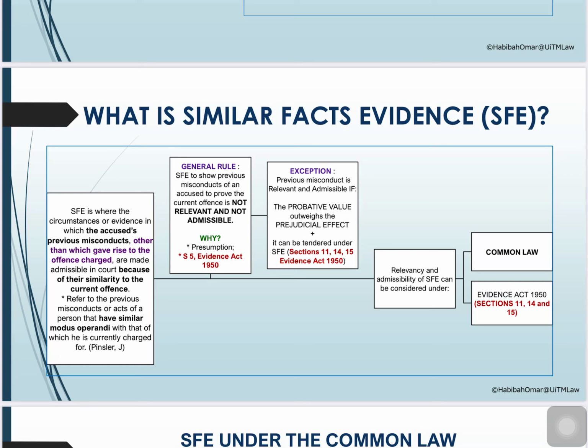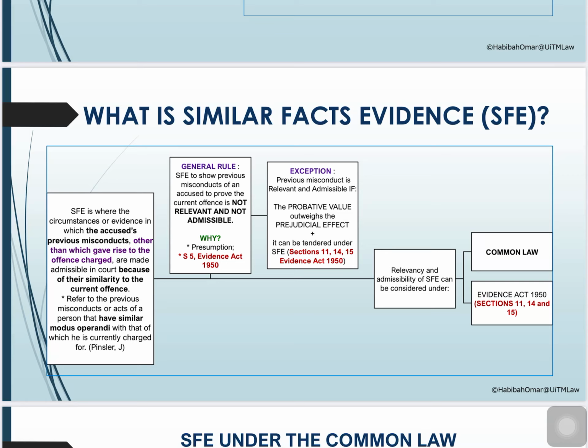Why is this so? The rationale for disallowing similar facts evidence is basically because there exists a presumption in law where a person is supposed to be innocent until proven guilty. If you allow the previous misconduct of the accused person to be tendered as evidence in the court, at the back of your mind you have the perception that the accused person is already guilty of some kind of offence, and therefore, since he has been doing that offence before, he should be guilty for the current offence he is doing now.